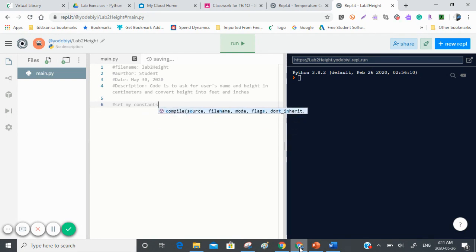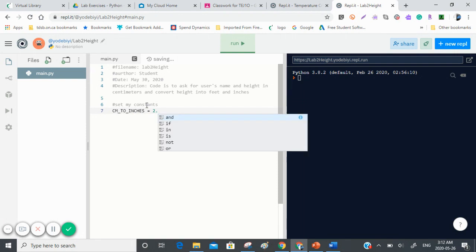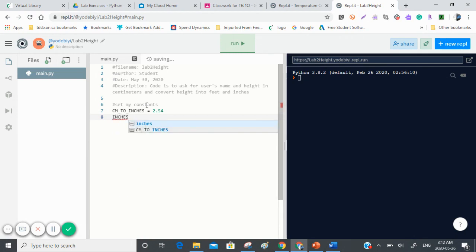Constants, okay? Sometimes you got to move the mouse away, but it'll sometimes give you things you don't want. Okay, so my first line, my constants are always capital for the variable, CM underscore 2 underscore inches equals 2.54. My next line would be inches underscore per underscore foot equals 12.